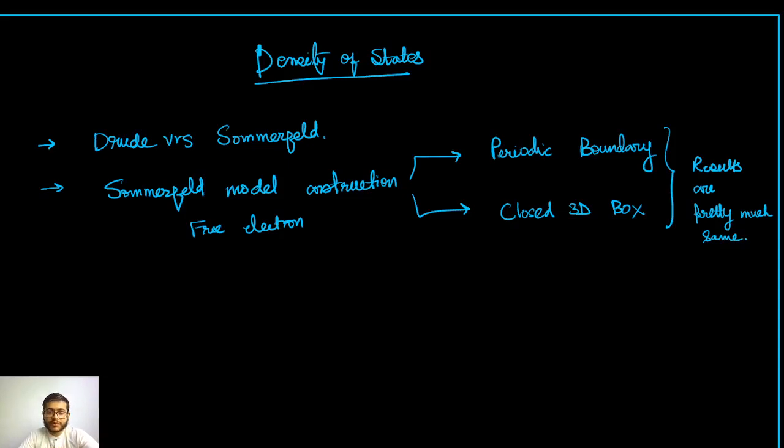And now what we are going to build up on this is pretty much clear, and that is the density of states. So in the last class, what we discussed about is another thing which is very important, which is the second quantization picture.